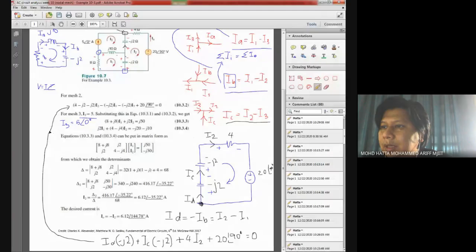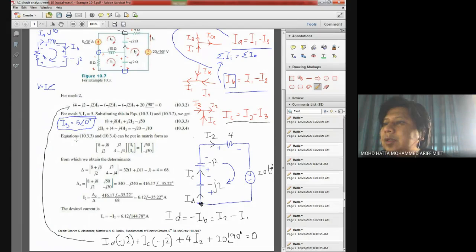Using this I3 information or definition, you can call it anyway, using this value, substitute I3 in your first and second equation that you wrote earlier.